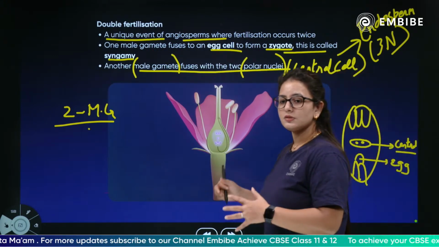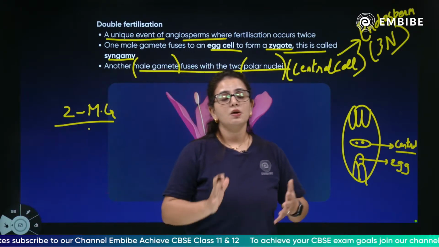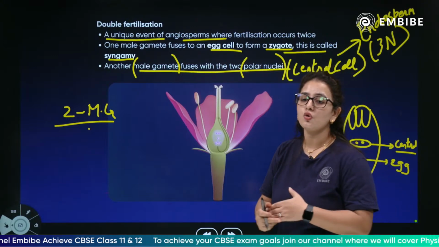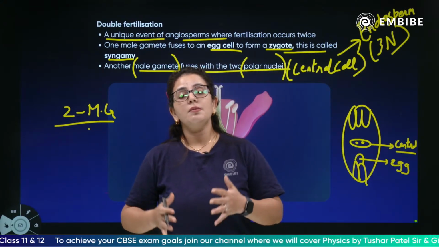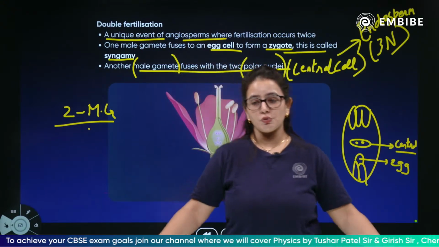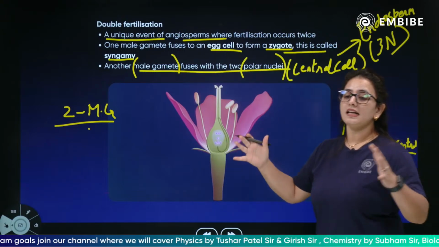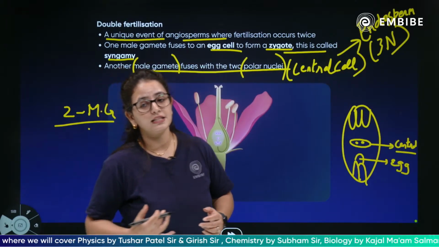One male gamete will fuse with the egg cell, the other will fuse with the central cell, which has polar nuclei with two nuclei. This is the most important event in angiosperms, called double fertilization.